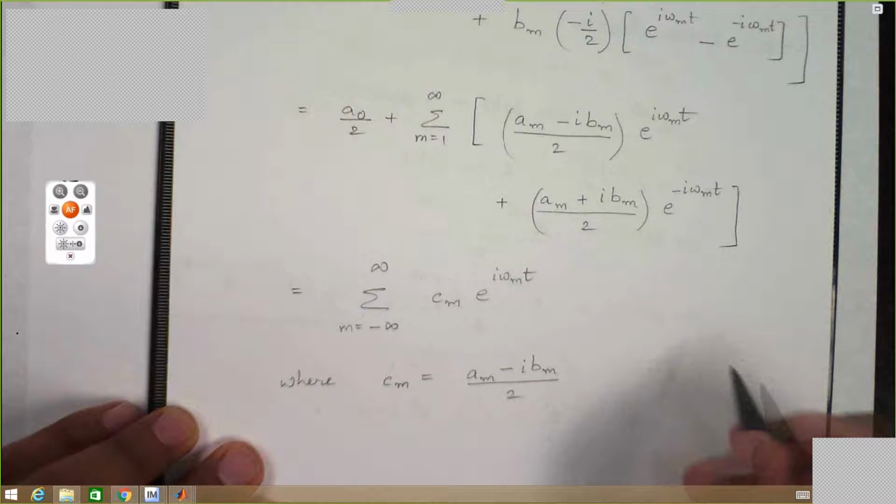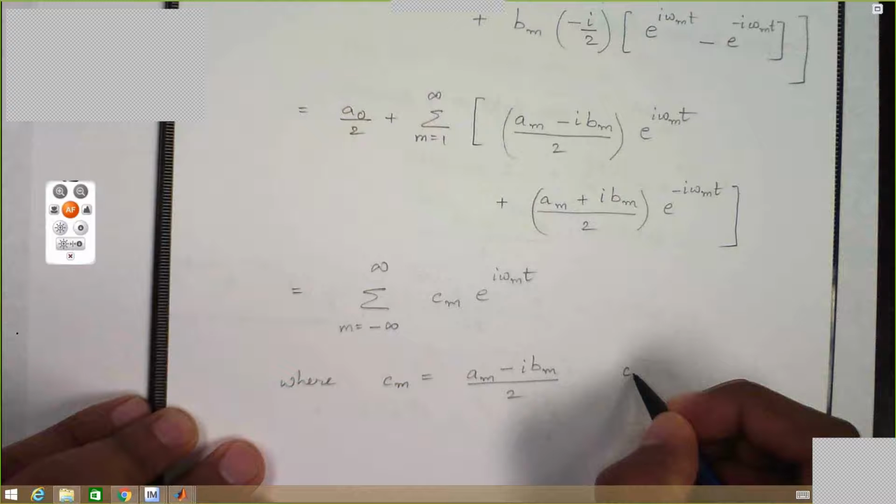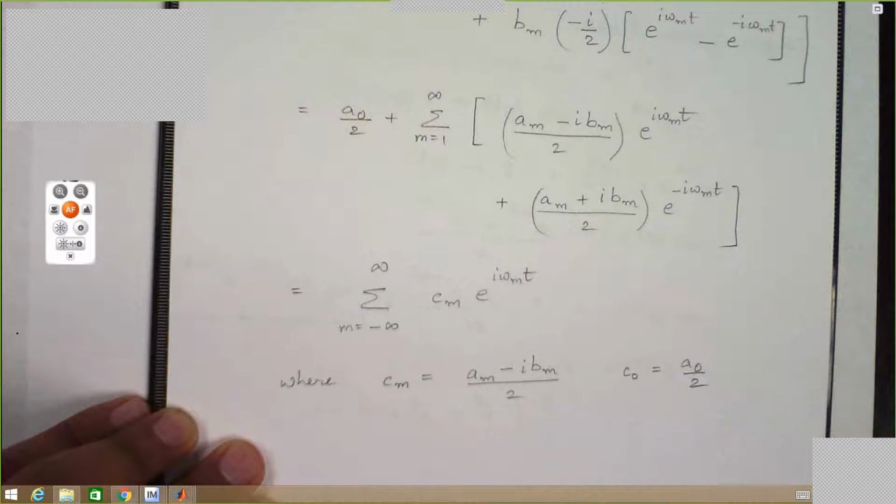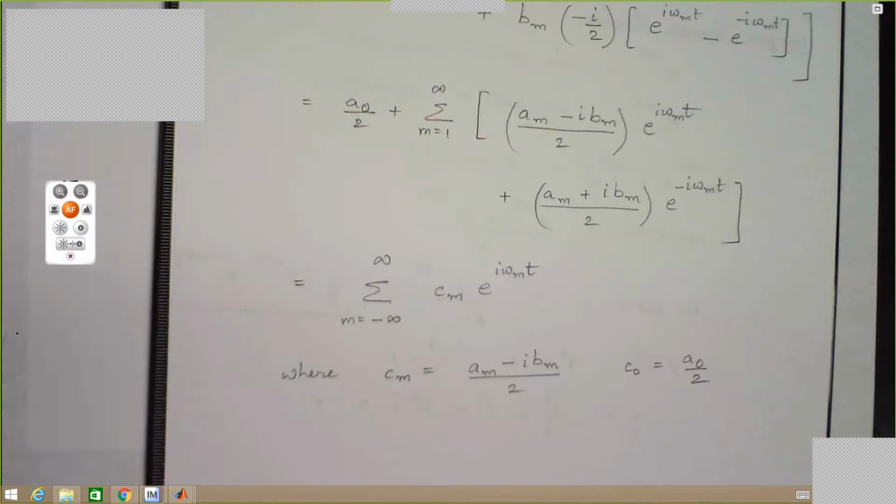And when m is equal to 0, C0 is equal to just a0 by 2, because there is no b0, right? So that's the complex form of the Fourier series.